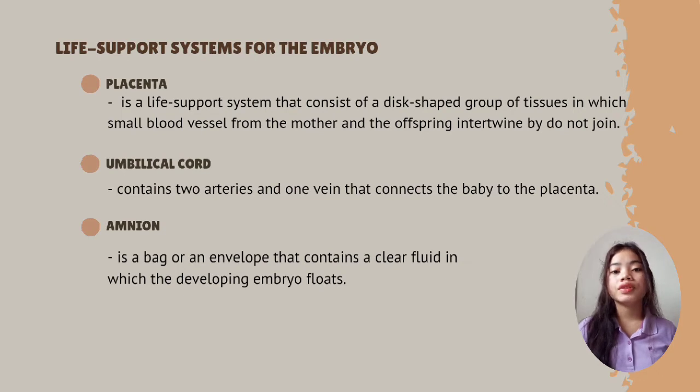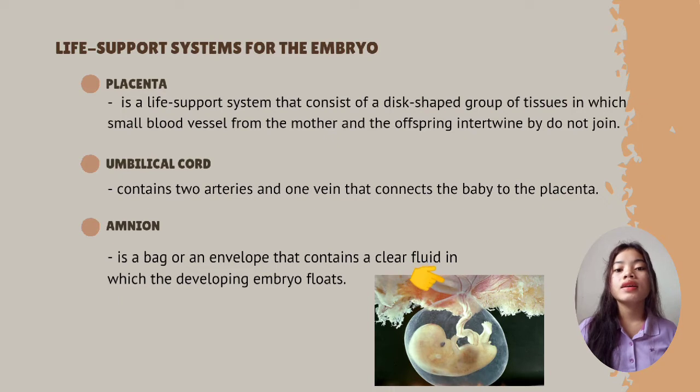As the 3 layers of the embryo form, the support systems for the embryo develop rapidly. These life support systems are the placenta, the umbilical cord, and the amnion. The placenta consists of a disc-shaped group of tissues in which small blood vessels from the mother and the offspring intertwine but do not join.